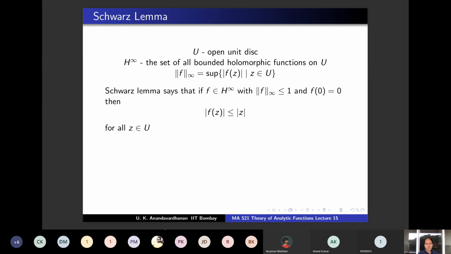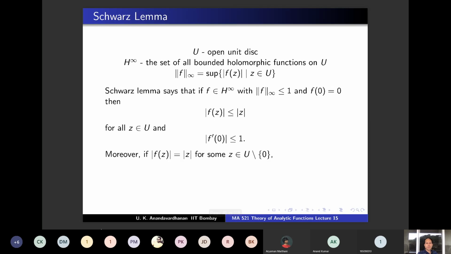So the statement is clear, no? From mod f(z) less than or equal to 1, with this extra condition, you are concluding that mod f(z) is less than or equal to mod z. That's much better. You can also conclude that f'(0) has modulus less than or equal to 1. So Schwarz lemma is both these statements together with one more statement.